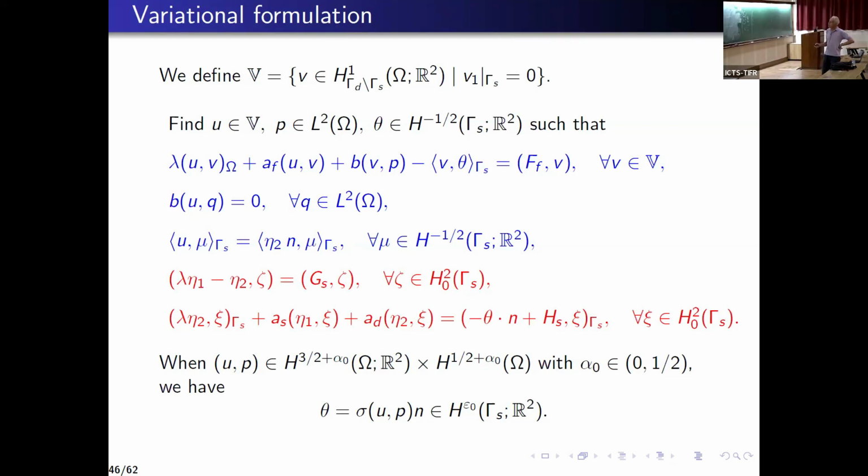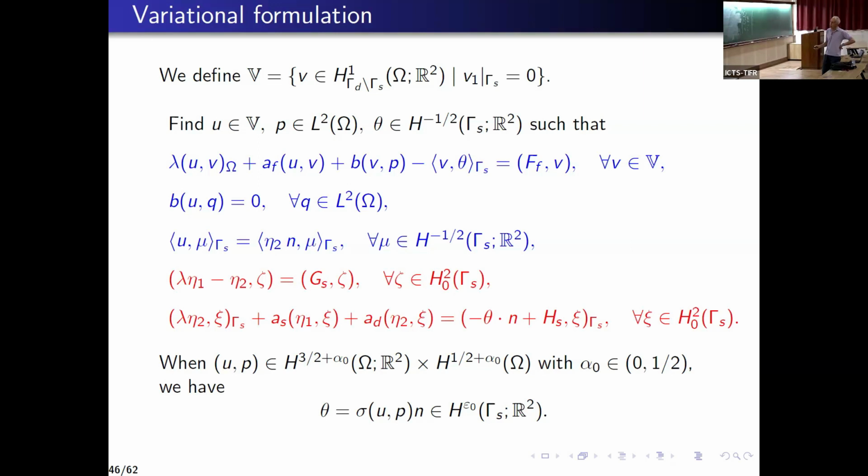The main idea here is to write the variational formulation for Stokes coupled to the elastic part in a classical way, but I take into account the boundary condition u equal to eta 2 in the normal direction in a weak form.